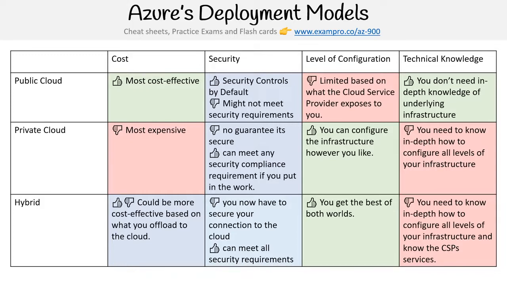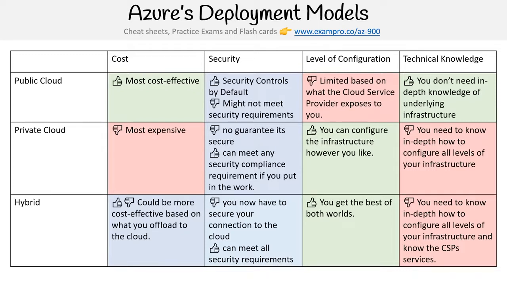But this is becoming less and less as more governments and larger organizations move over to the cloud. You can configure infrastructure exactly how you like because you literally have bought the hardware and can do anything you want with it. And for technical knowledge, you'll have to have a serious amount of it. You might even have a really hard time finding the resources to maintain all that stuff.